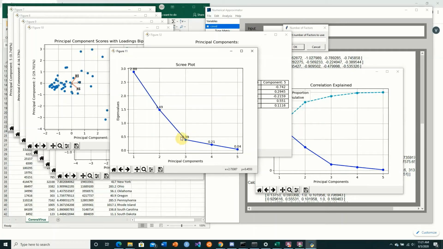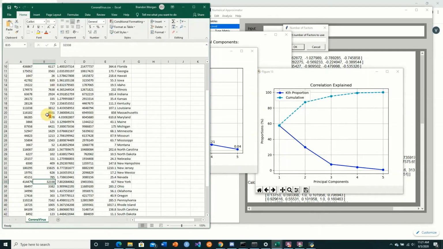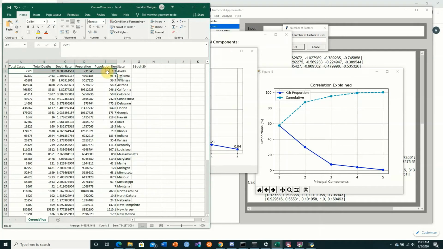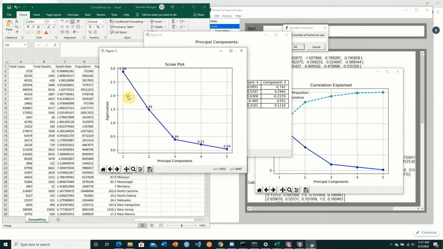It seems to bend here at principal component 3, and these three components explain about 95% of the variability in the data. So we can reduce this 5 variable data set to probably 3. It's interesting to note that we even said 3 in our previous cluster analysis on the variables.